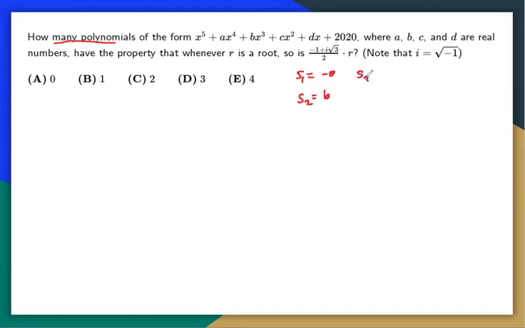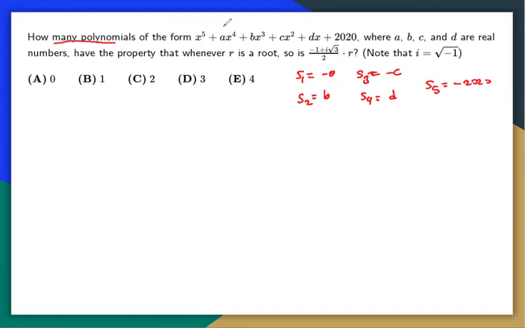If I want s3, you multiply 3 roots together, all different ways, and that should be c over 1, but we start with negative, so this is minus c. Then s4 is just d, and then s5 is negative 2020.